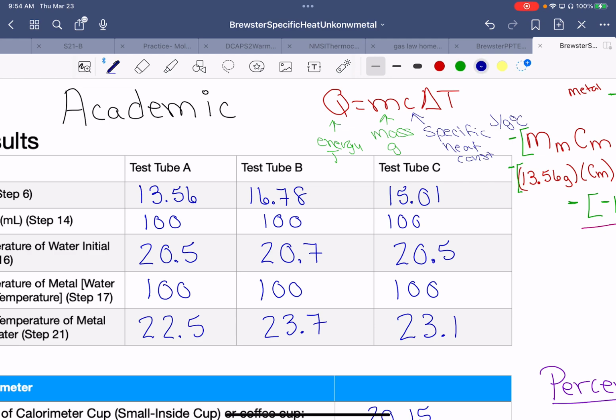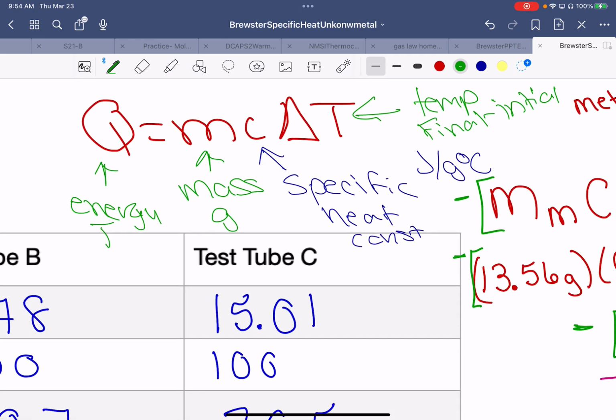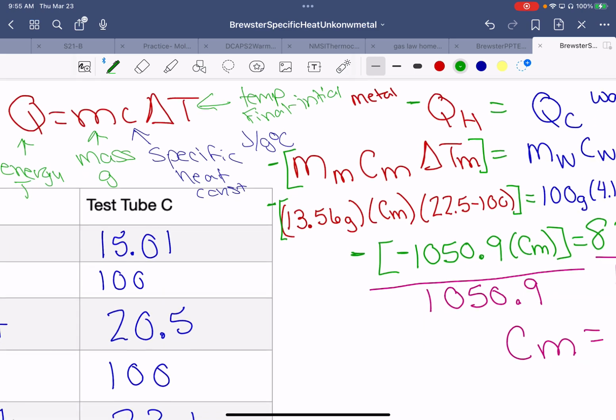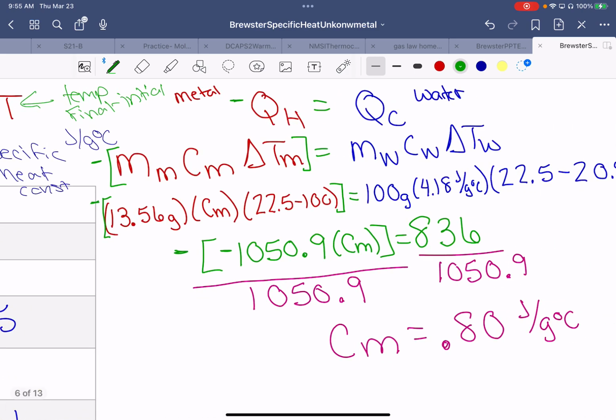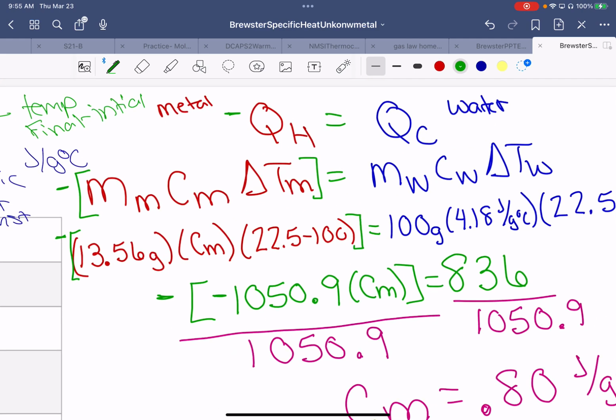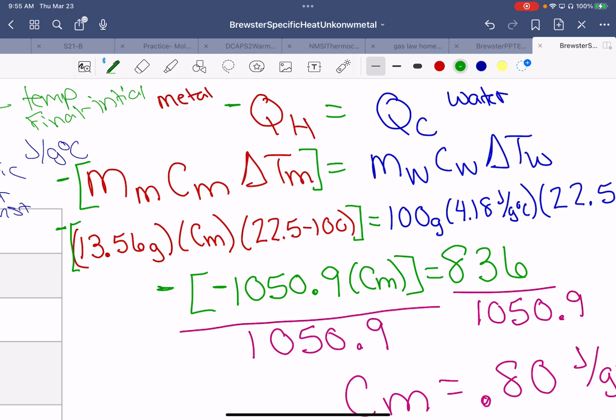And the last one in this group is your delta T, which is temperature, and it's always going to be final minus initial. Okay, so we always do final minus initial on that. Now, for what we're doing, the metal was in a hot solution, getting energy from the water, and we had the cold solution in the calorimeter cup.